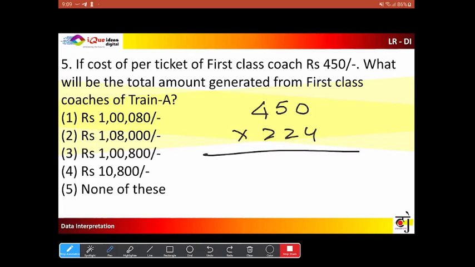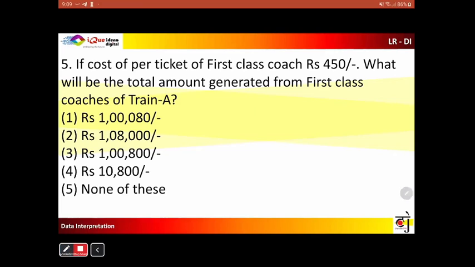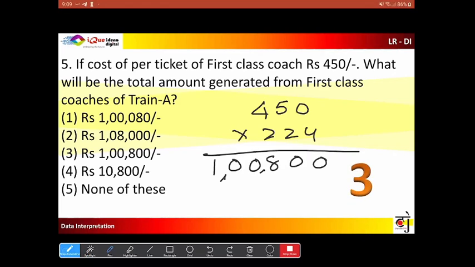One lakh 800. 1,08,000. Option 3. Option 3. Got this one. Sure.